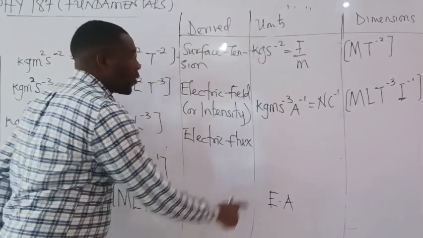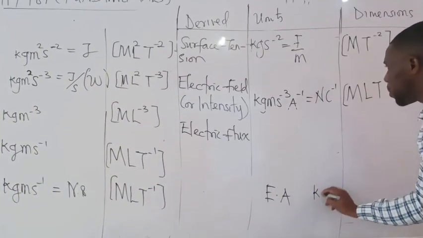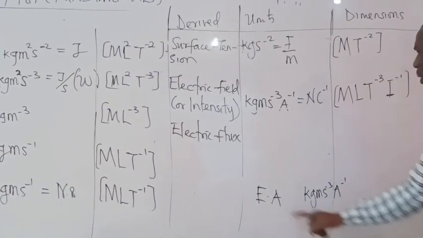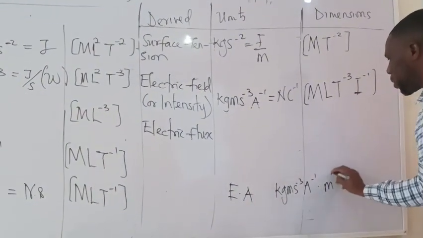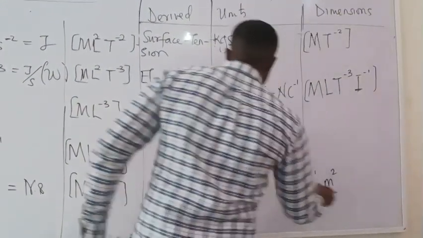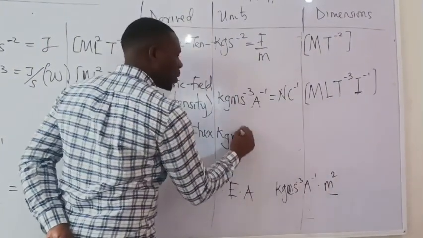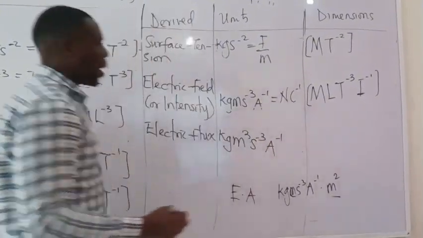Electric field is kilogram meter second raised to power minus 3 per ampere, times the area it penetrates. Area is given in square meter. So this becomes kilogram meter times square meter, meter raised to power 3, second raised to power minus 3, per ampere.